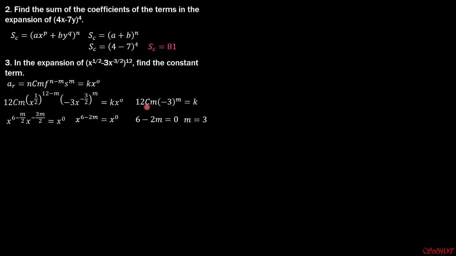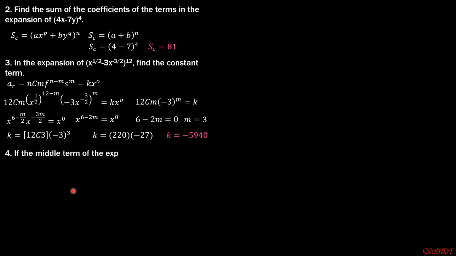So combination of 12 taken 3 at a time, times negative 3 to the 3. So 12 C 3 is equal to 220, while negative 3 cubed is negative 27. Multiplying, k is negative 5940. So this is the constant term.